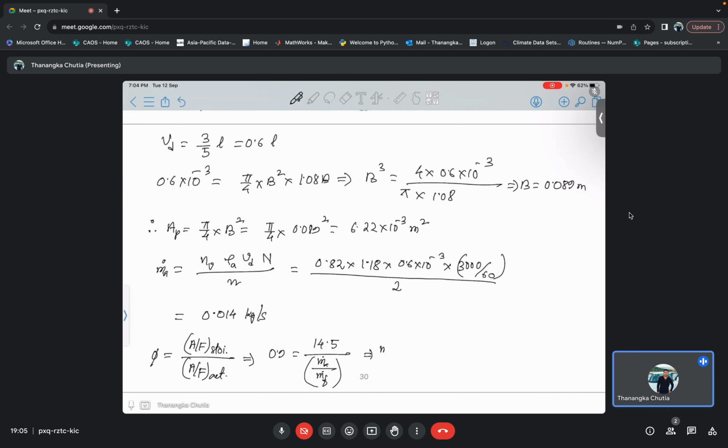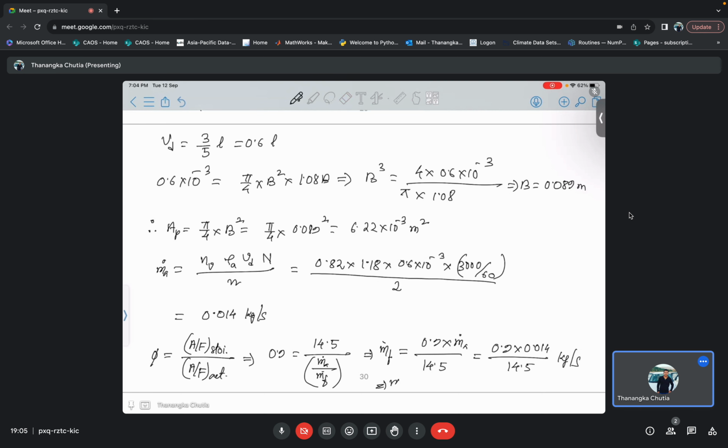So mf dot equals 0.9 into ma dot divided by 14.5, that is 0.9 into 0.014 divided by 14.5 kg per second.